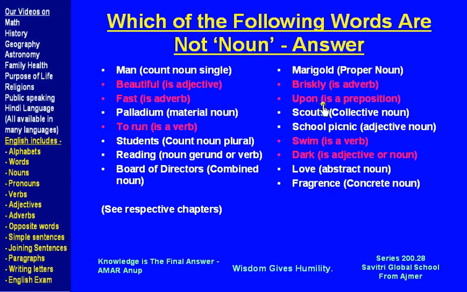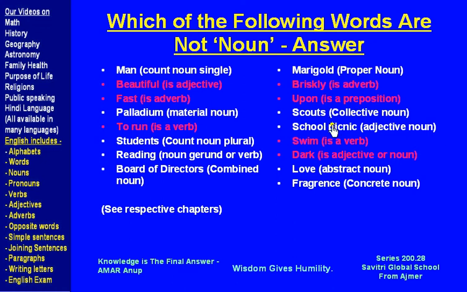Next word is upon. Upon is a preposition. A preposition tells the relative situation of two nouns or two things. There are more prepositions like on, at, upon, and many more. So you learn about prepositions from our video lecture on prepositions.